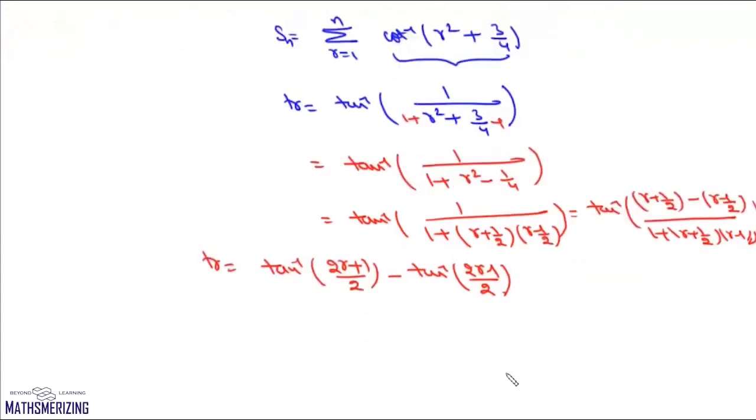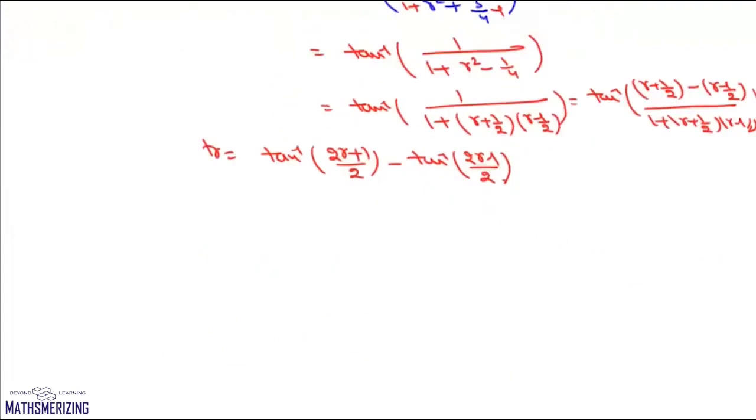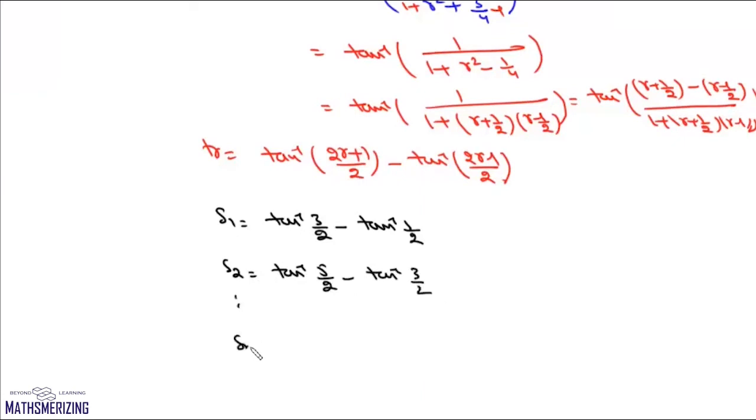Now we'll find its partial sum. So S1 will be tan inverse 3 by 2 minus tan inverse 1 by 2. S2 will be tan inverse 5 by 2 minus tan inverse 3 by 2, and then Sn will be tan inverse (2n plus 1) by 2 minus tan inverse (2n minus 1) by 2.